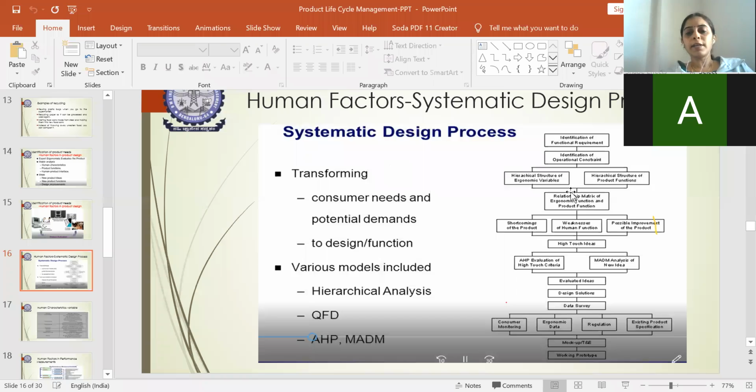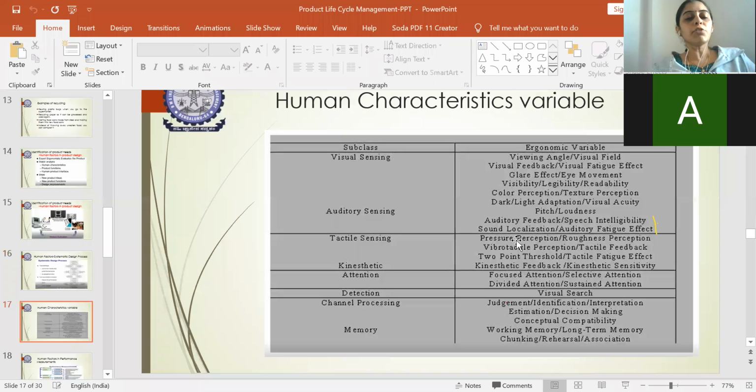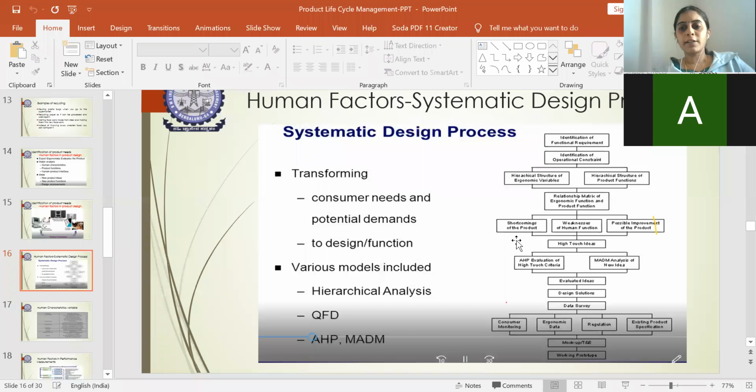You can have a look later. Whether it is in regular design, the intervention of human beings is needed. In the evaluation process, the intervention of human beings is needed. And also to check whether it is ergonomically designed or not, the intervention of human factors is needed. You should be able to explain this by taking any one example as a case study. So these are about the human factors associated with the design process.